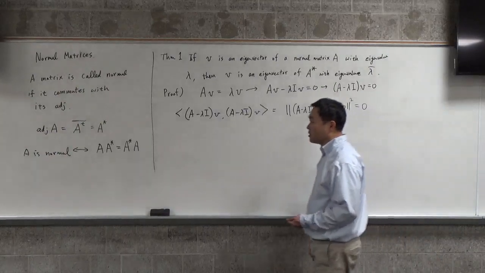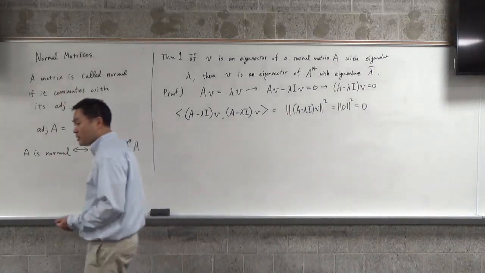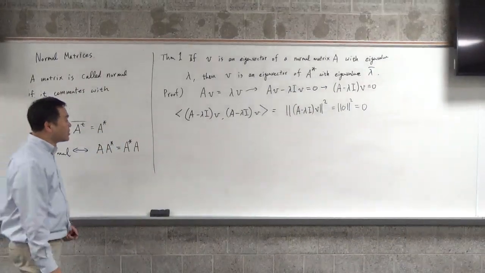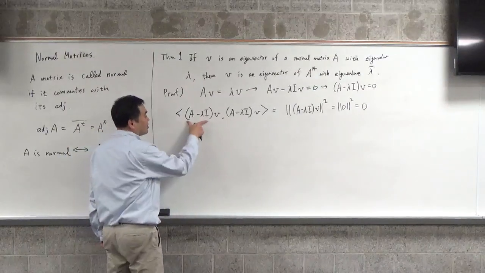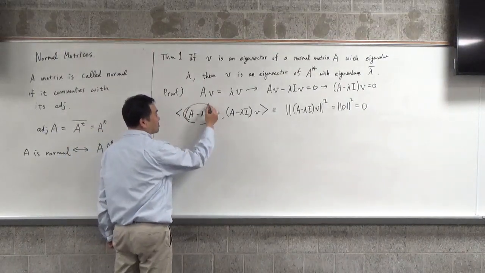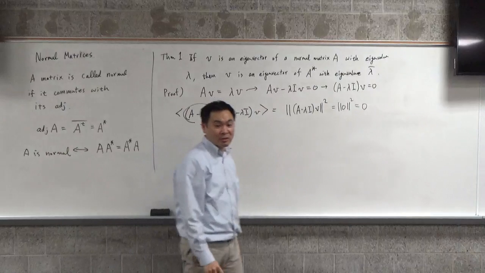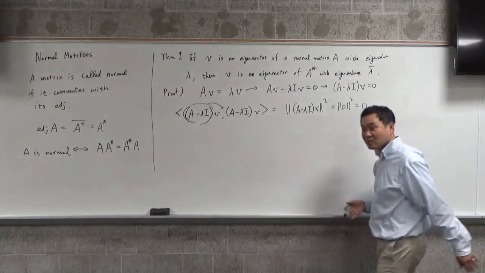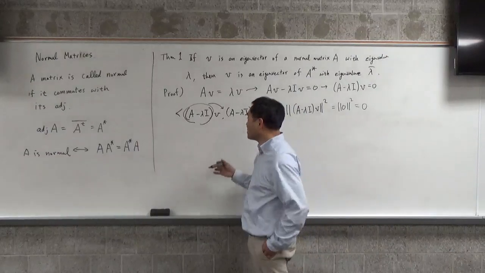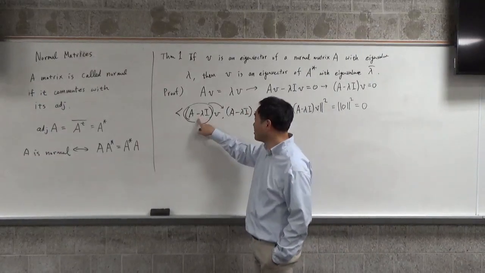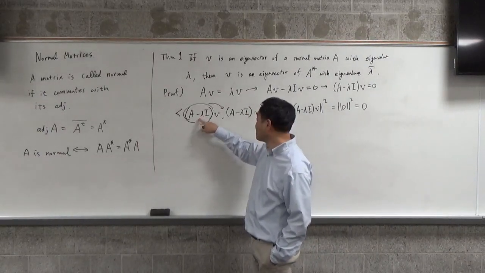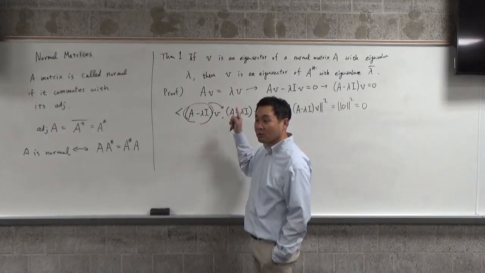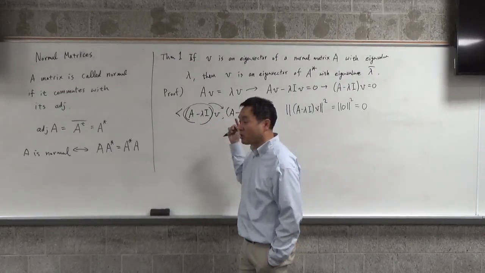Now, let's try to do the following. I can take this matrix and move it to the other side by taking the adjoint. That was one of the things that we worked hard on last time. The adjoint of a matrix allows one to move from one side to the other in the inner product.